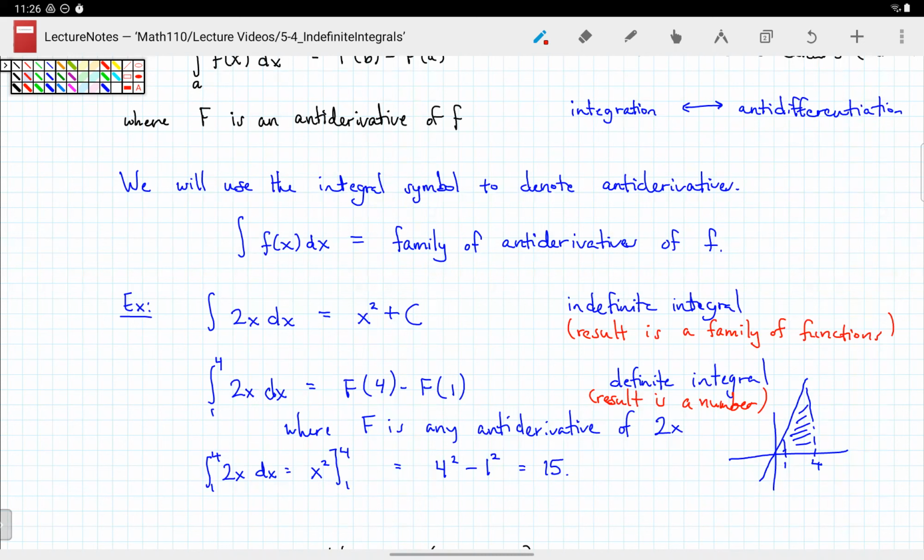And you will see in Calc 2, there will be an entire chapter dedicated to techniques of integration. And if you kind of take a step back at each of those techniques of integration, at the very core, the way that you find the antiderivative of any function is to look at the function and go, oh, I see that this is the derivative of this other thing.